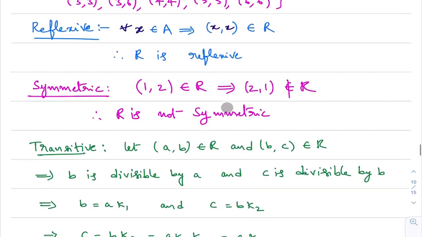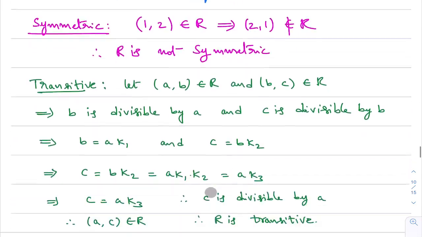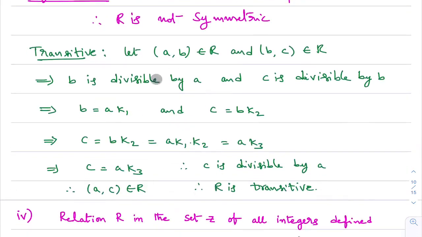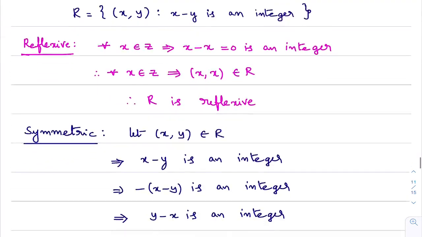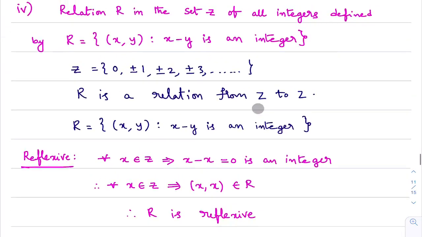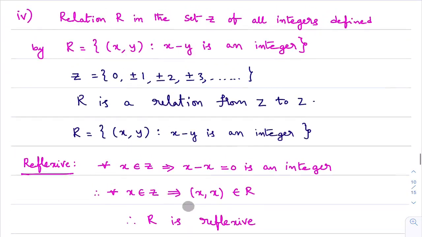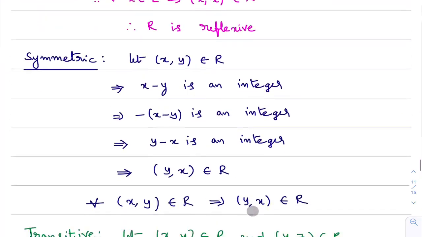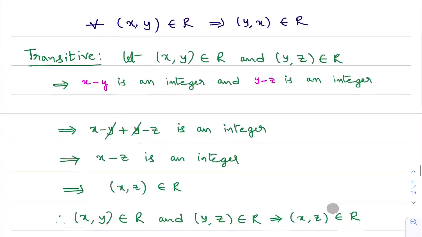So I am able to give a counter example, saying it is not symmetric. When it is transitive, I did not give a counter example, right? Please go through that last video again, check those first 3 bits and check this 4th bit. In this 4th bit, we proved that this relation is reflexive, symmetric and transitive.